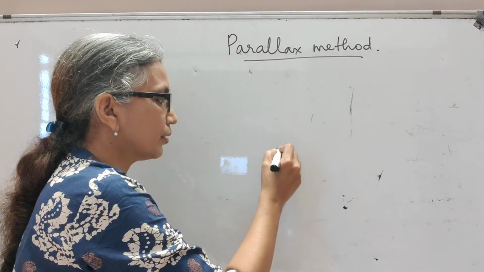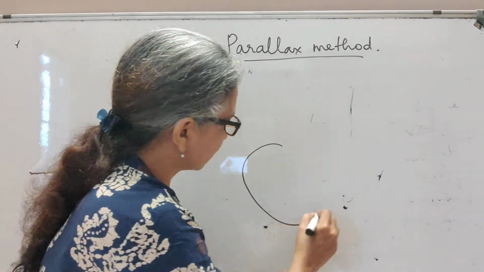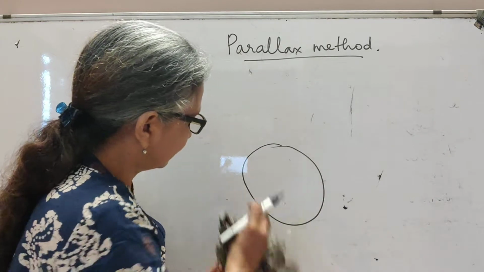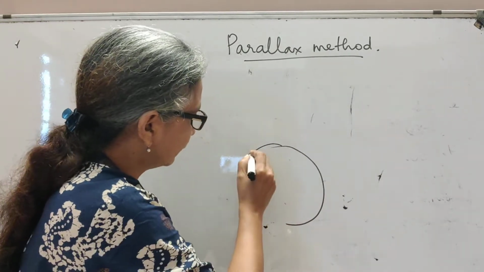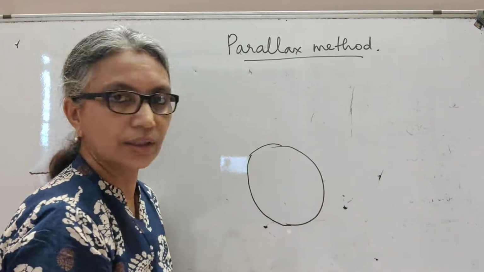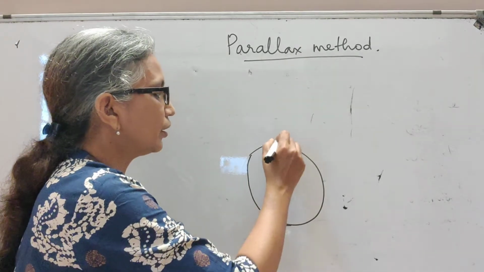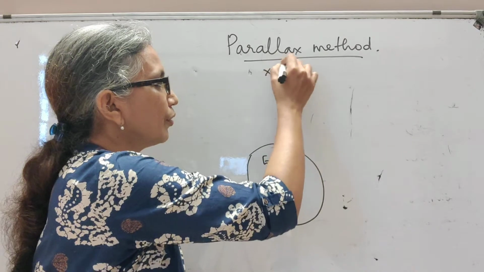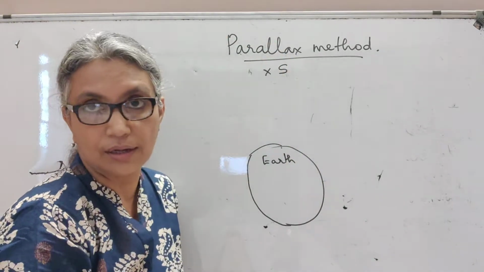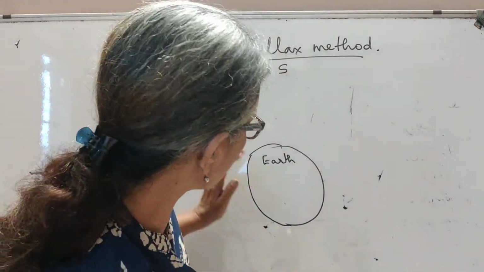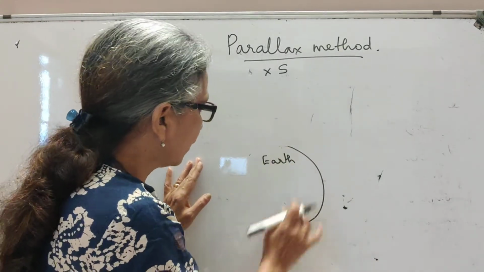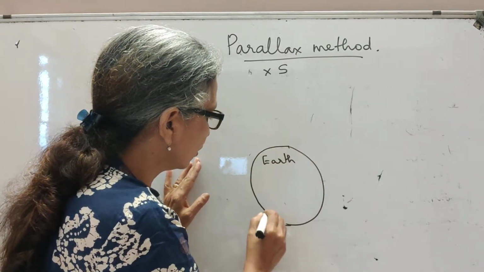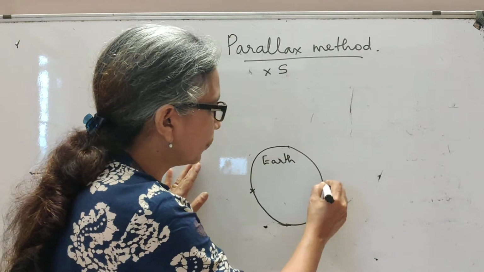Here, let us imagine this is the Earth, representing the Earth. And from the Earth, you are expected to find the distance of a distant star. Now here, I am going to take two diametrically opposite points.